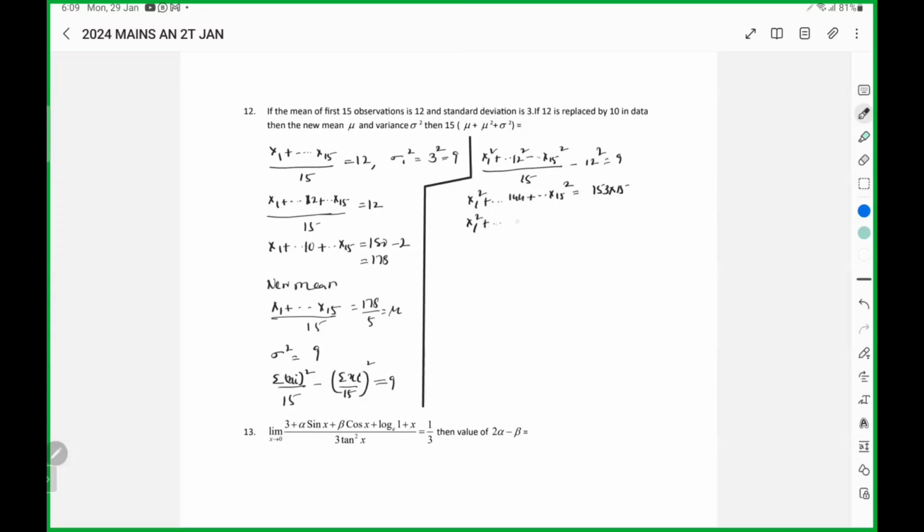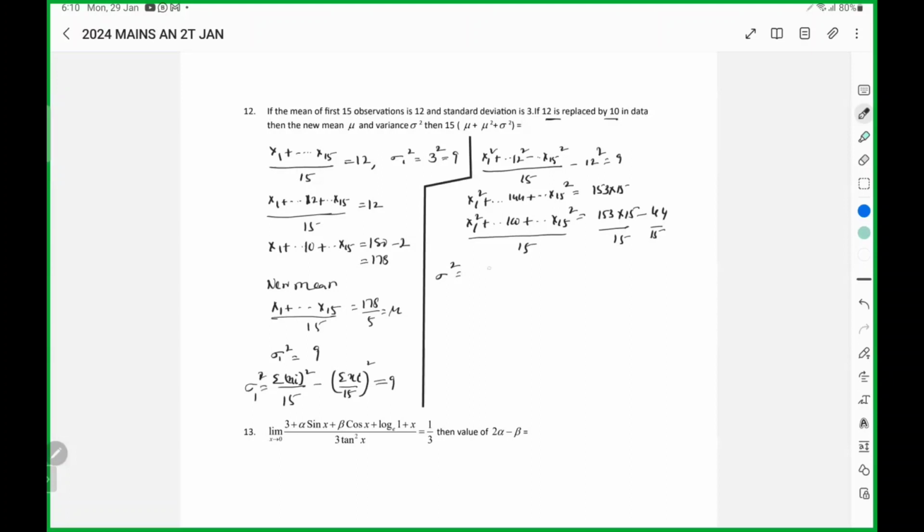Now it's 100 because 12 is replaced by 10. It is 153 into 15 minus 44 by 15. So sigma square, let us say, this is sigma 1.